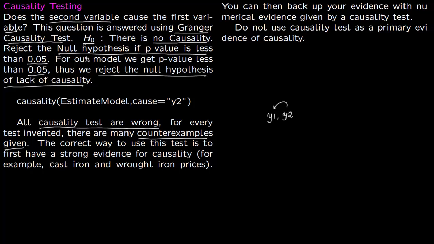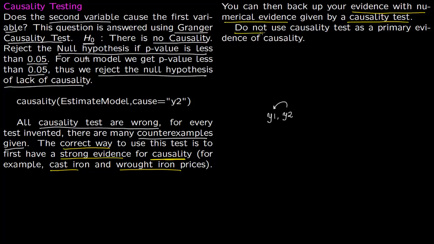The correct way to use these tests is that you should first have strong evidence, intuition, or an understanding of causality. Once you have that understanding and a strong economic intuition for it, say, for example, that cast iron and wrought iron prices are linked to each other, then you can back up your evidence with some numerical evidence, which is given by a causality test.